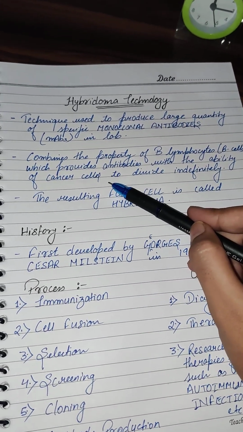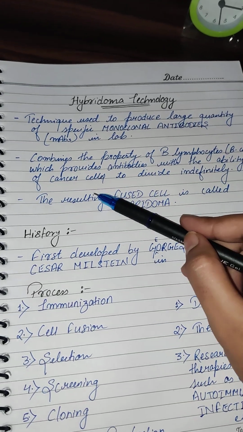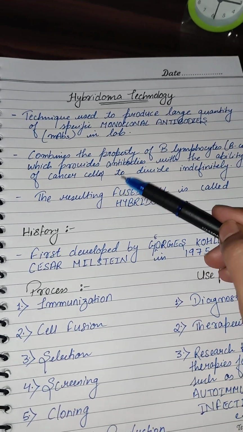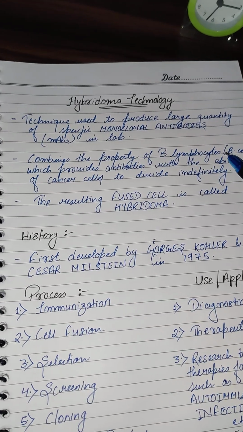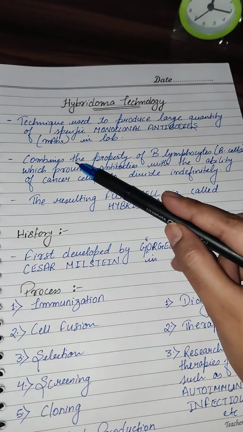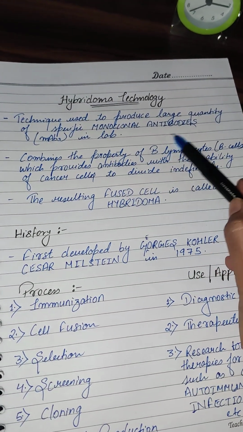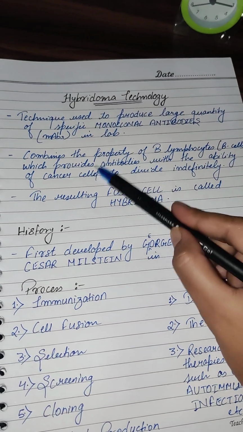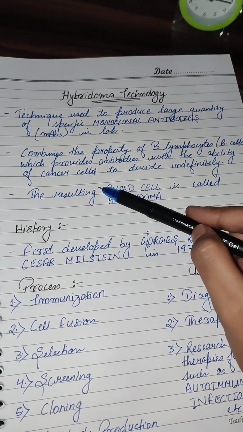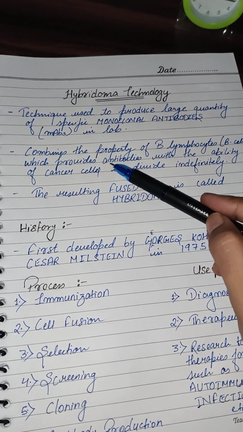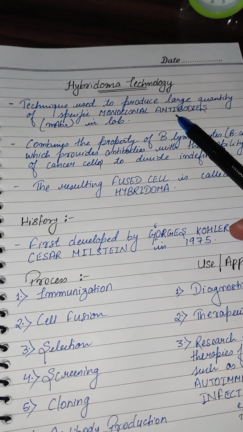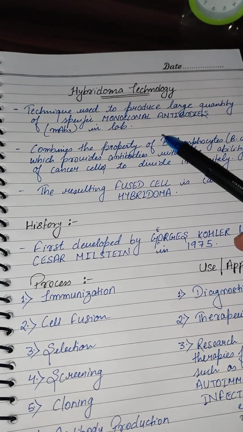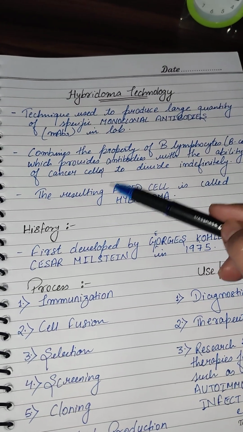What does a cancer cell do? Cancer cells have the ability to divide continuously, uncontrollably and indefinitely. So when we combine the property of B lymphocyte with antibodies, they become indefinitely divided. They continuously divide and produce large quantity of monoclonal antibodies as the cancer cells.